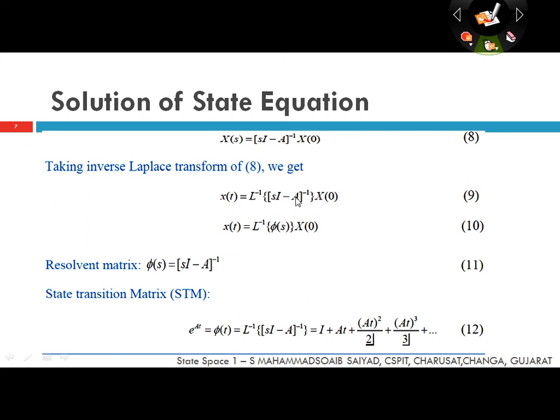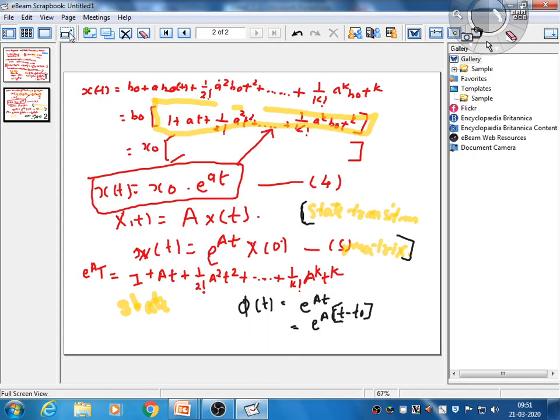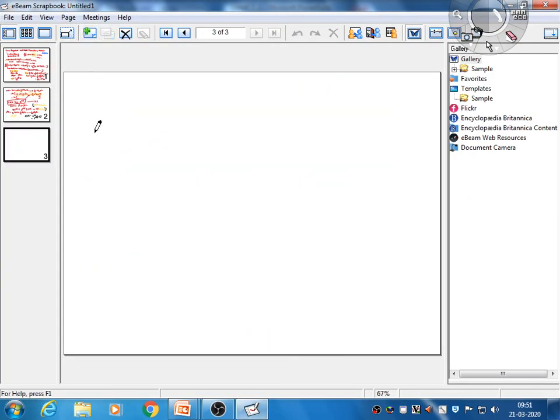So si minus a inverse I am terming as phi of s. Phi of s is known as the resolvent matrix. There is a difference between the resolvent matrix and the state transition matrix. Phi of s is equal to si minus a inverse.